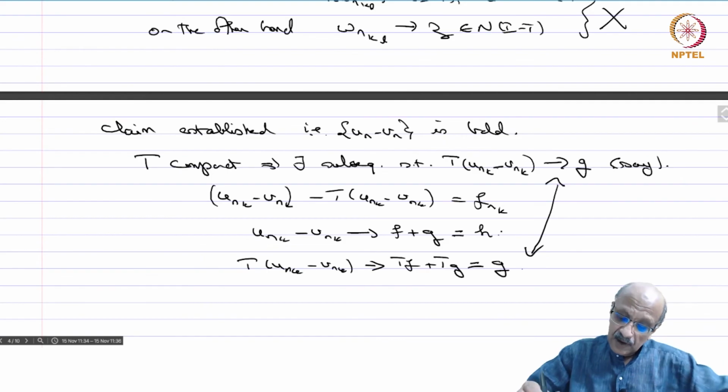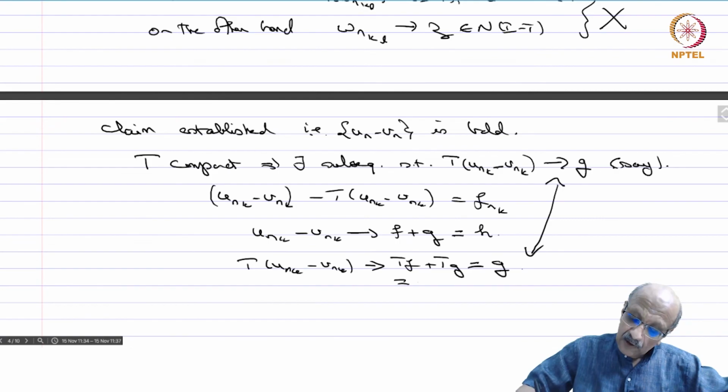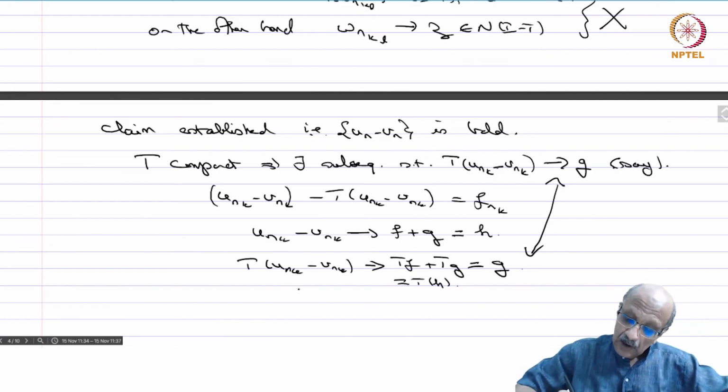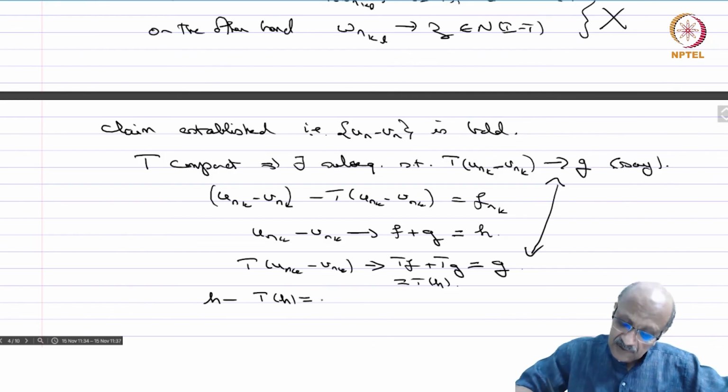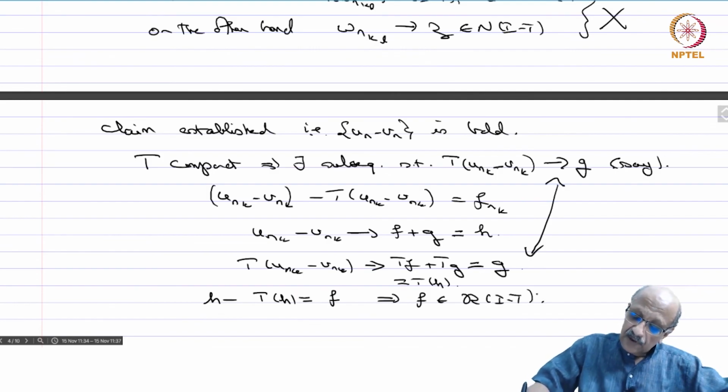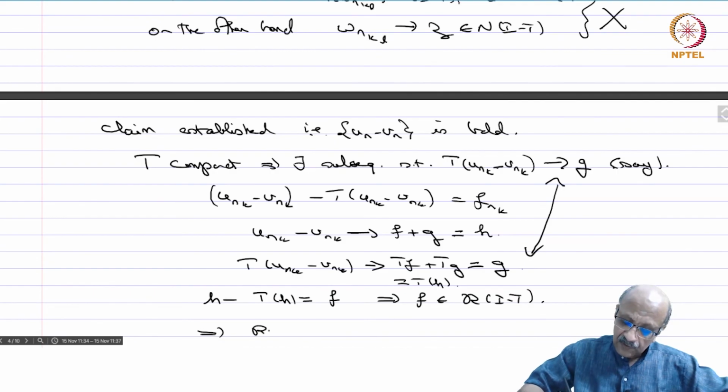Let us call this h, and that's equal to Th. So Th is equal to g, so h minus Th is f plus g minus g, and that is f, and therefore this says that f belongs to range of I minus T. Okay, therefore range of I minus T is closed.